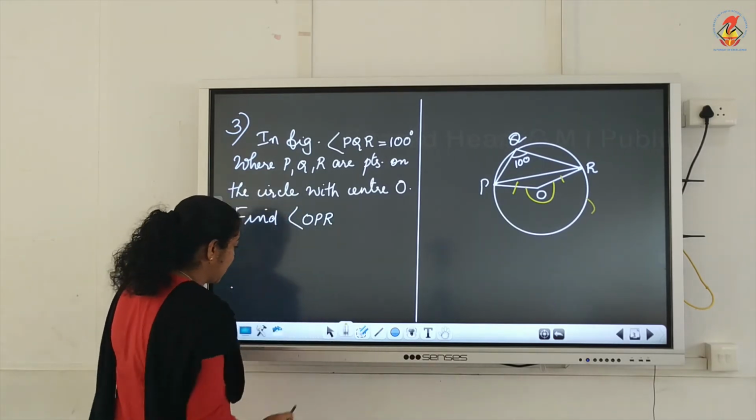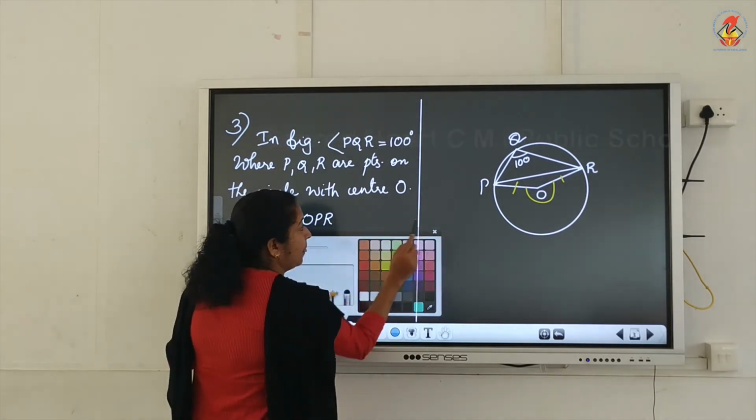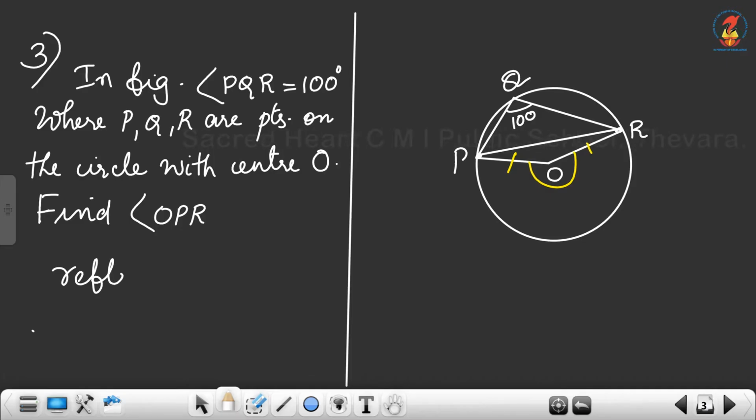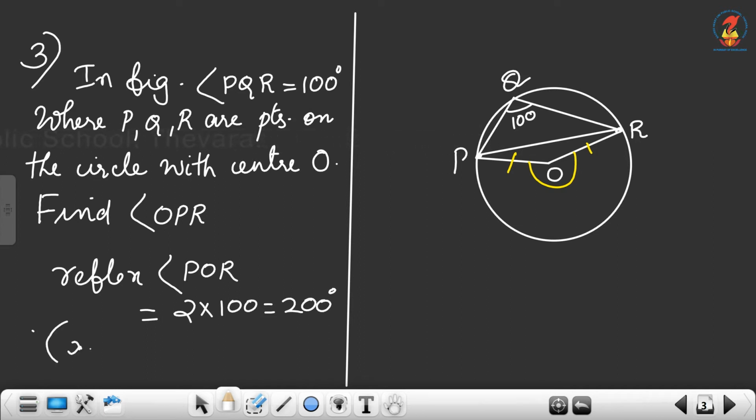So, reflex angle POR is equal to 2 times 100, which is equal to 200. What is the reason? The angle made by an arc at the center is double the angle made by it at any other point on the circle.